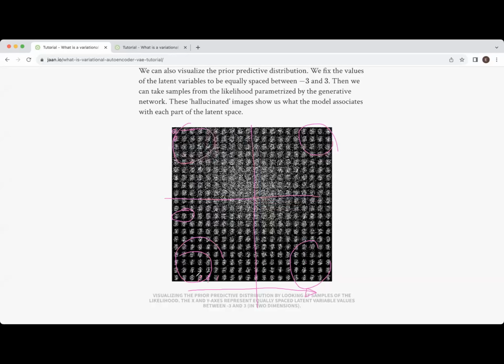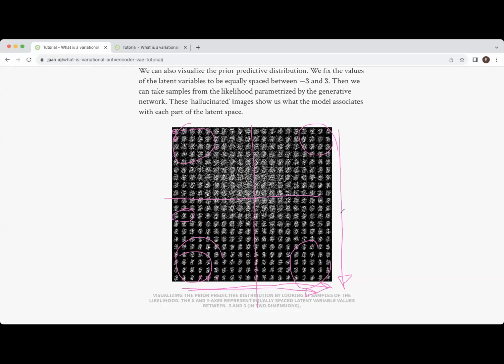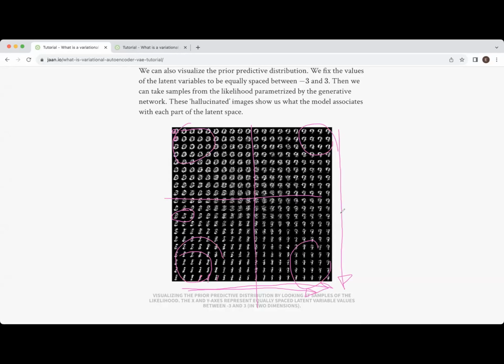The only thing that changes along this axis is the angle. The semantics don't change, digit 1 doesn't change. And here there's some semantic change. Anyway, this is a good way to visualize what's happening in your latent space as you train your neural network.